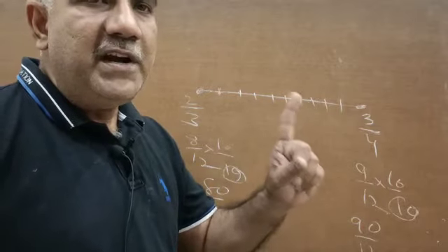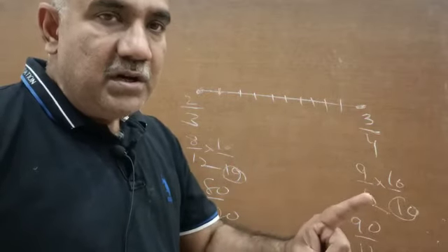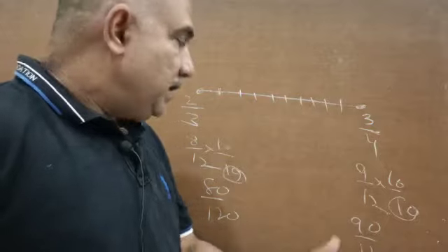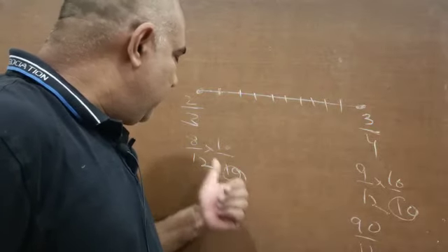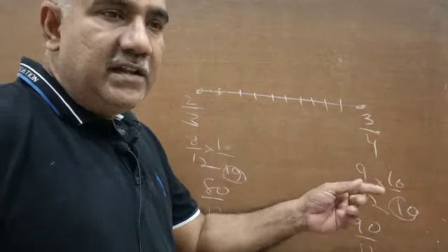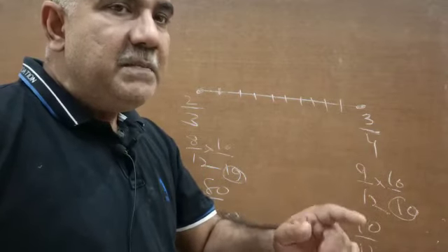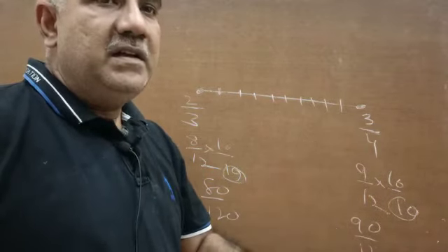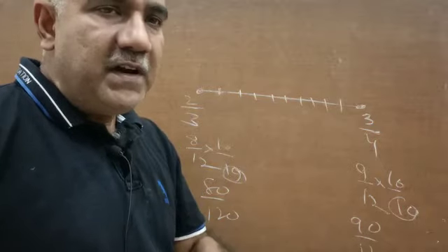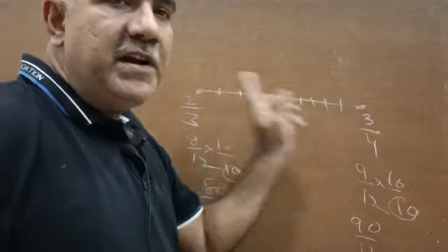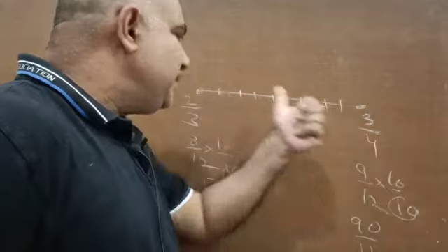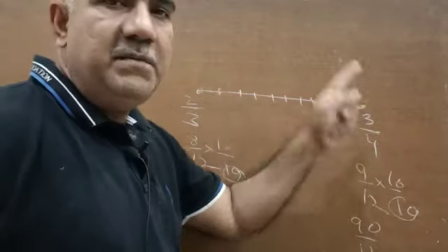Suppose you want to accommodate n numbers, then choose a number with which you multiply 8 and 9, and the new numerators that you obtain, when you subtract them, the difference must be n plus 1. If the difference is n plus 1, then you will be able to accommodate n numbers between 2 by 3 and 3 by 4.